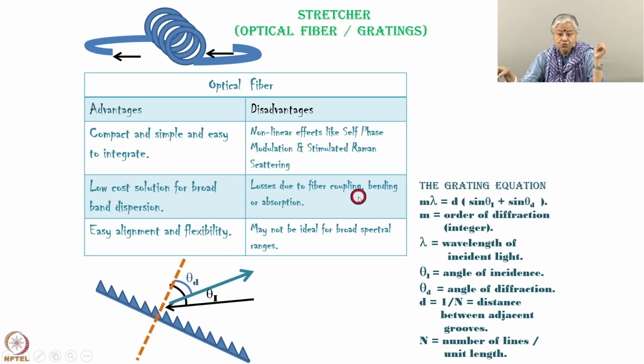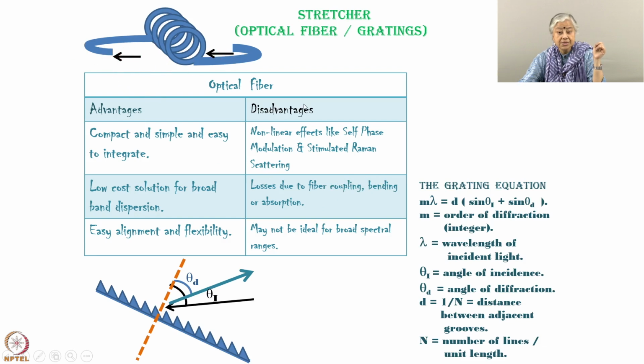And then losses due to fiber coupling, bending or absorption also do come into the picture. Though the cost is low and it is easy to couple, you do have some absorption, and when the light is coupled into this fiber, there are certain losses.